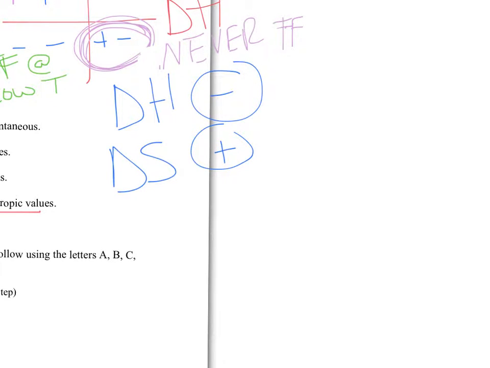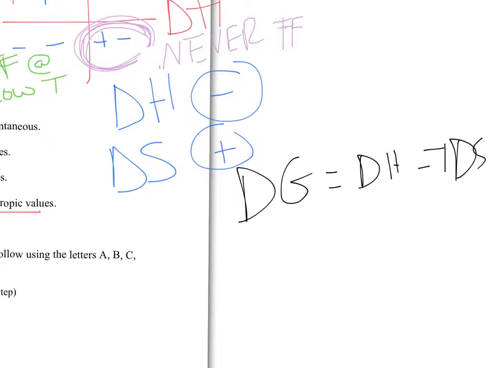So when we look at delta G equals delta H minus T delta S, is there a value that delta G can still be negative, which is thermodynamically favorable, and H can be negative, but this minus T delta S would have to be a smaller negative. It'd have to be a really, really small negative number, right?